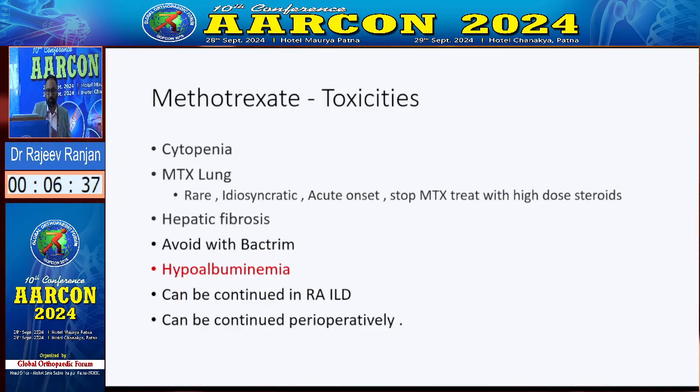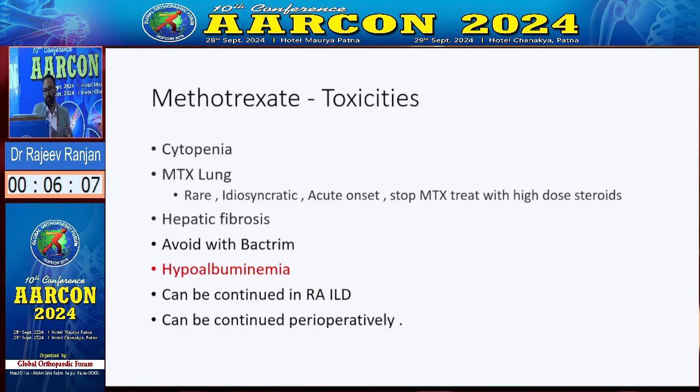And one thing which is forgotten, especially because rheumatologists also treat patients with methotrexate for a very, very long time: if the patient is on methotrexate for more than 5 years or a decade, watch for hepatic fibrosis. That needs to be constantly checked after long-term methotrexate therapy, and always avoid drugs like trimethoprim-sulfamethoxazole, like Bactrim DS, with methotrexate, as it might increase the cumulative toxicity of this drug.